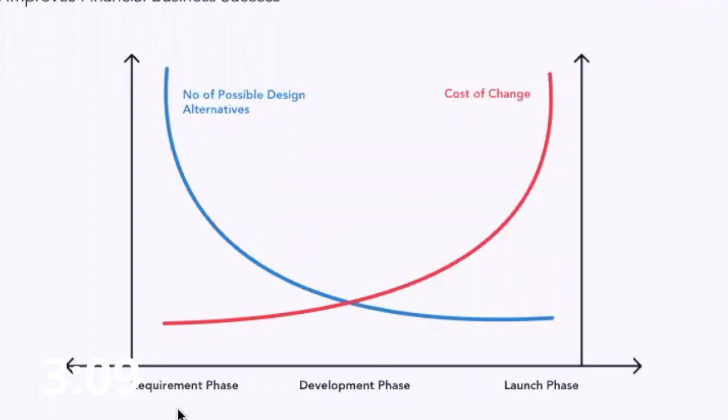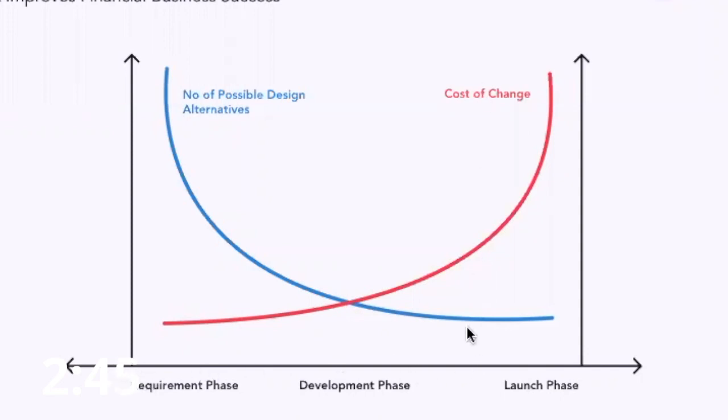So the idea here is that the earlier you can understand who your users are and what you want to design for them, the lower cost it will be to create that design, and the more you can target to a specific user group. Now, what often happens is UX is brought in very, very late.